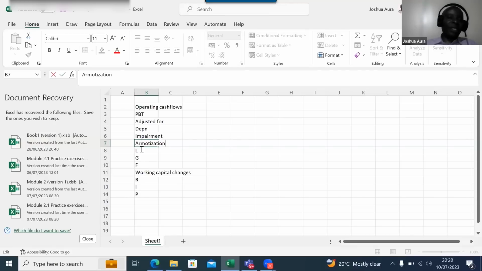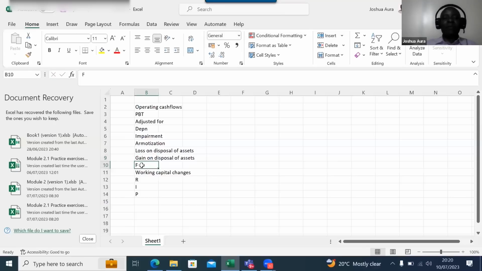Then the L for loss on disposal of assets. Then we come to the G, which is gain on disposal of assets. And then we have the F, which stands for finance cost. So we have the finance cost.